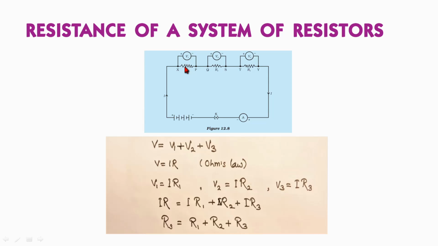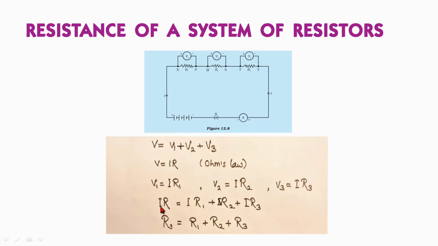In this combination of three resistors, the common thing is current. The current going through all these resistors is the same. So let the potential difference across R1 be V1, R2 be V2 and R3 be V3. By Ohm's equation, IR, the voltage across these three is the voltage across the battery, which is V.